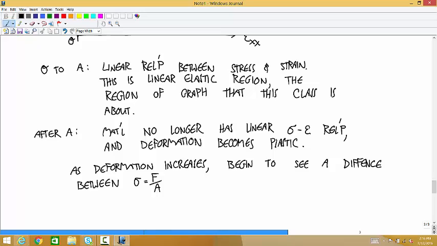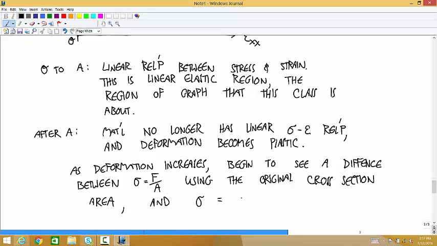There begins to be a difference between stress equals force over area using the reference area, or let's say the original area, the original cross-sectional area, and the stress equals force over area using the current cross-sectional area.